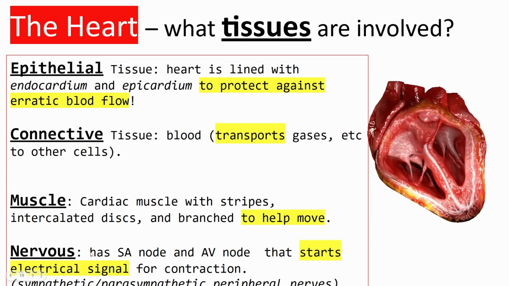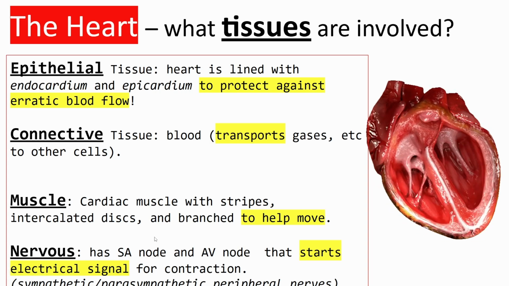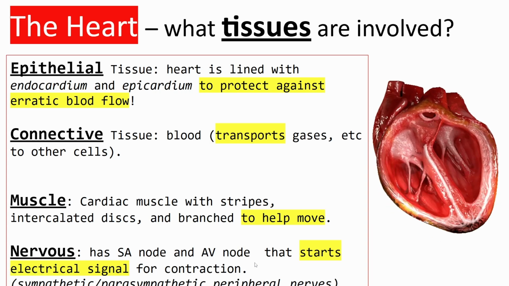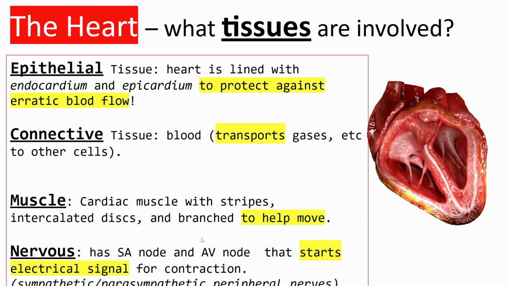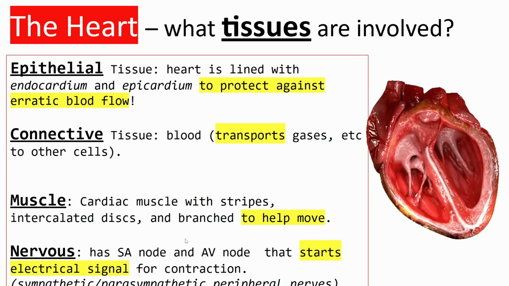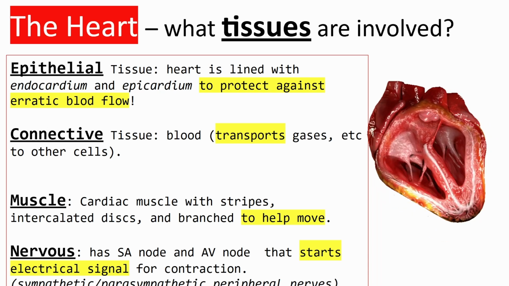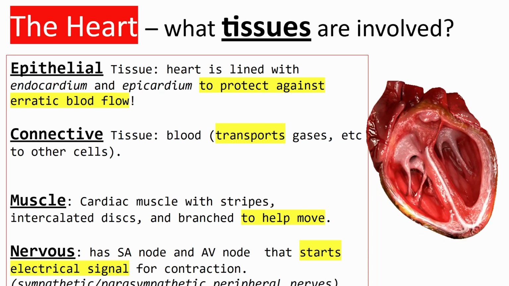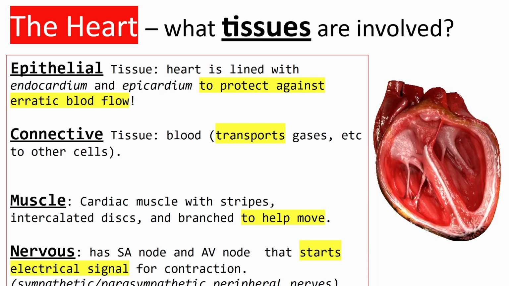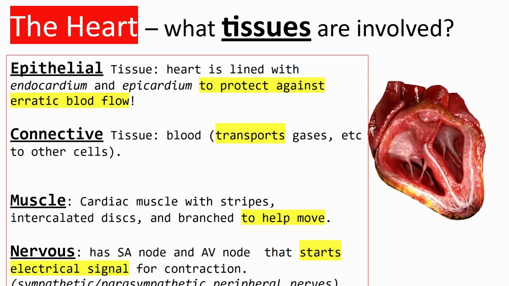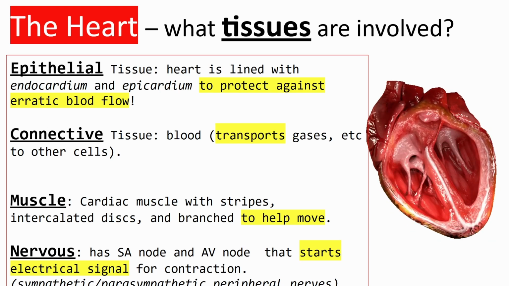And of course, the nervous tissue. There is particularly pieces like the SA node and the AV node, and these start the electrical signal. When you guys are studying into more anatomy, this stuff immediately becomes things you have to memorize about the heart. So please keep that in mind. This, in the meantime, is simply just an example.